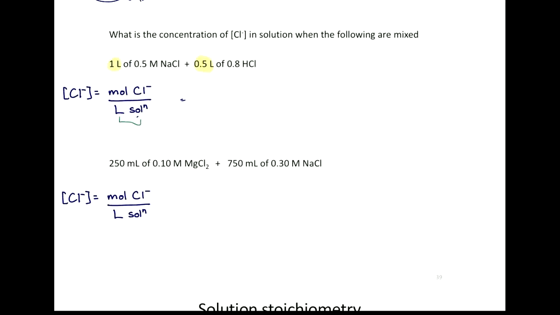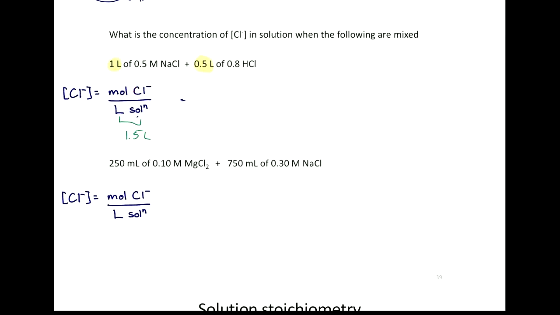The liters of solution, when we mix these two mixtures together, will be 1.5 liters. So do recognize that we're combining these two volumes of solution. Now we need to figure out how many moles of chloride are present total in this solution.